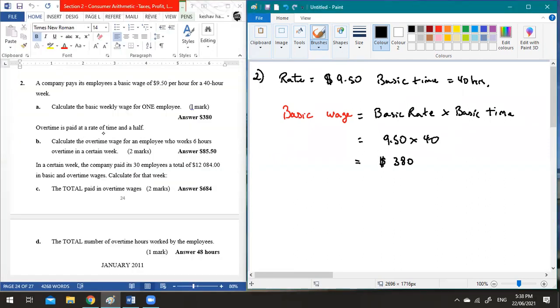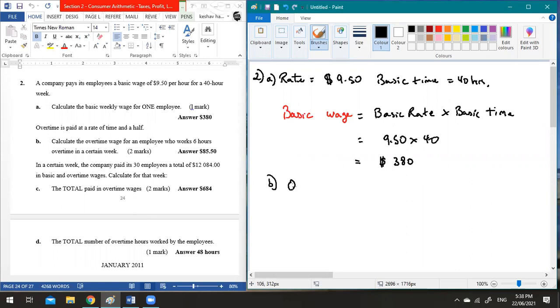The overtime is paid at a rate of time and a half. So this is A, B. Calculate the overtime wage for the employee who works 6 hours overtime in a certain week. So only 6 hours.